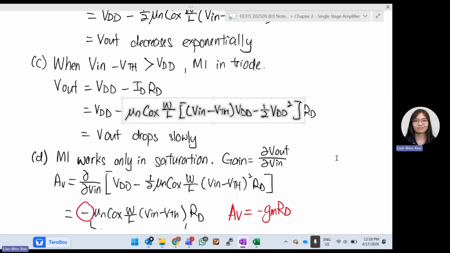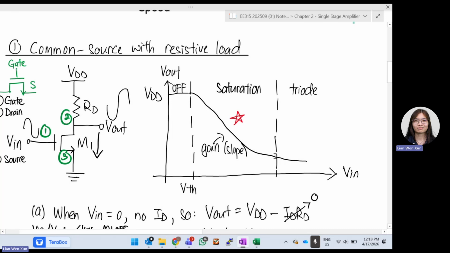So now your V out will drop much more slowly as V in increases. We don't have the square anymore, the square is at VDD now. So if V in increases, VDD minus something that slowly increases, the V out will drop much slower. You will see over here, the triode region is still decreasing, but much slower already.